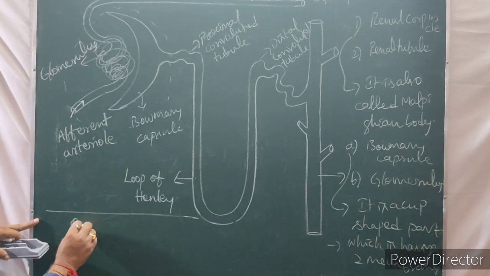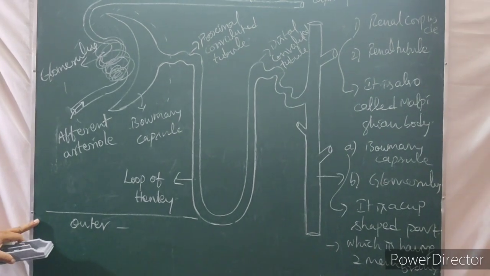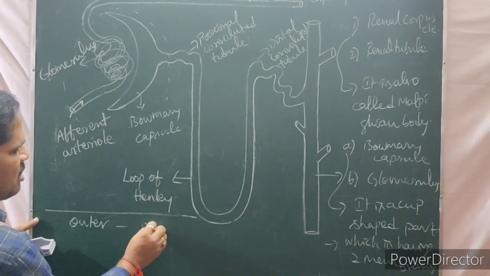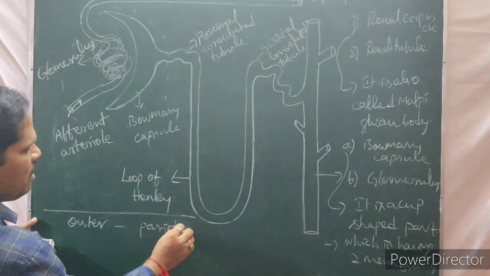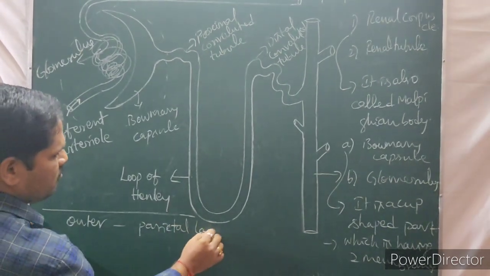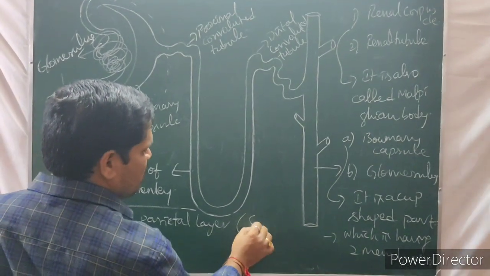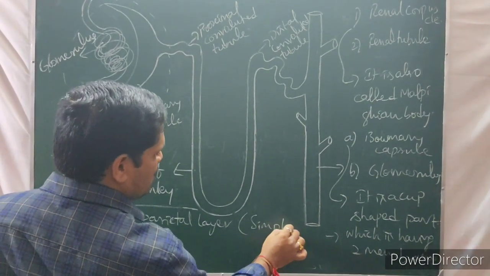The outer membrane is called the parietal layer, which is made up of simple squamous epithelial cells.